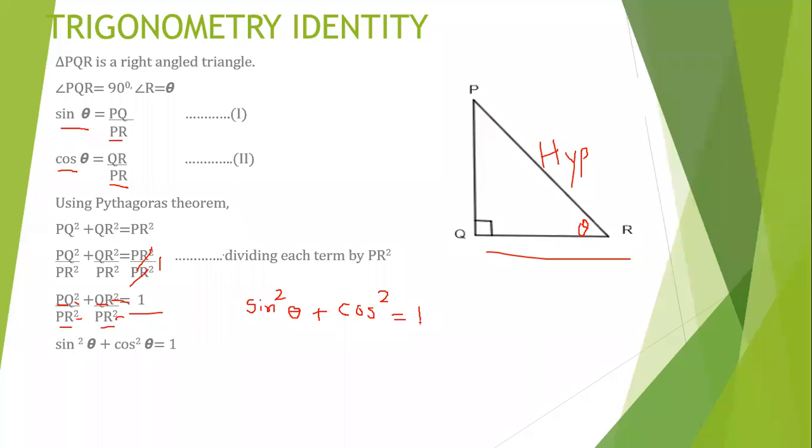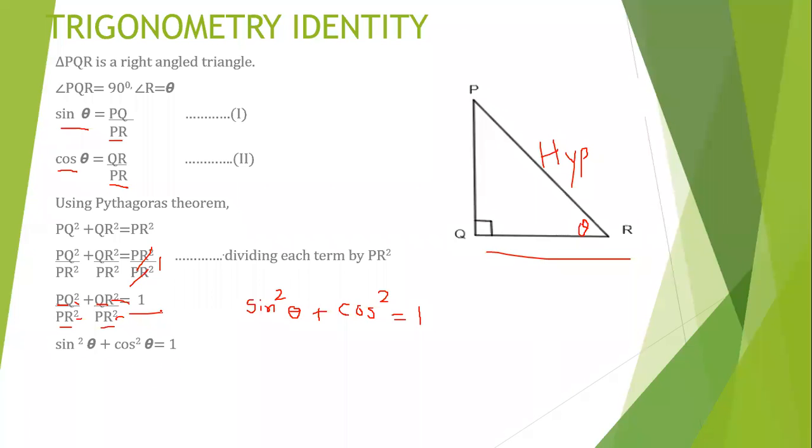Just go through it. It is very easy. First, we need to find sine theta, then cos theta, then apply Pythagoras theorem, and after that, divide each term by PR square, and then PR will get cancelled.